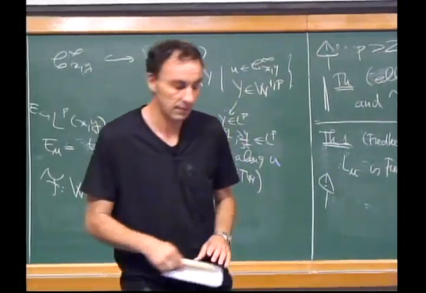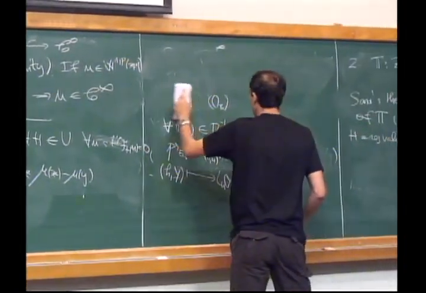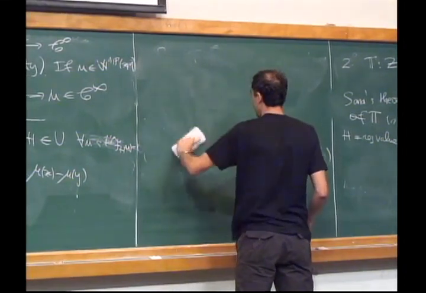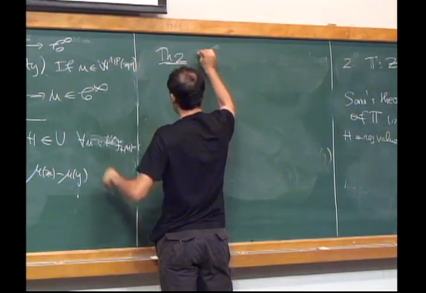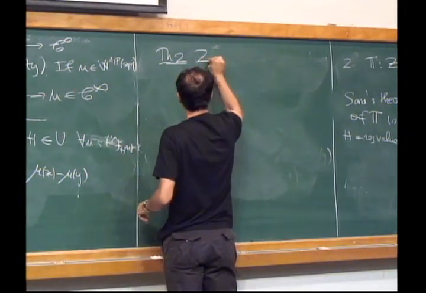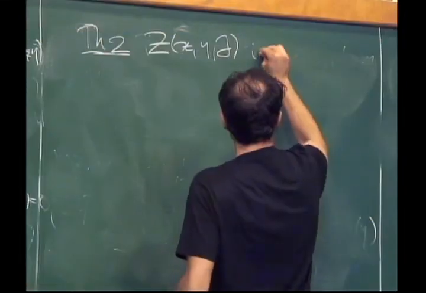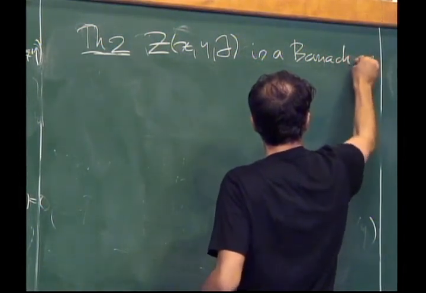Now the second one is the one which was in my plan, meaning this is a Banach manifold.